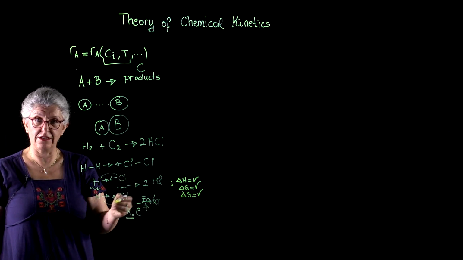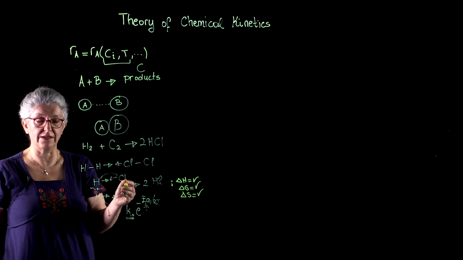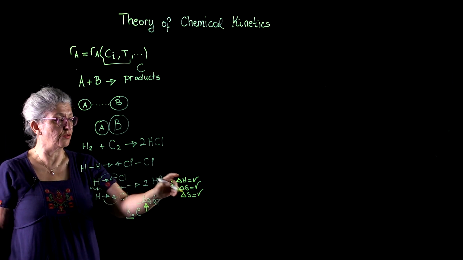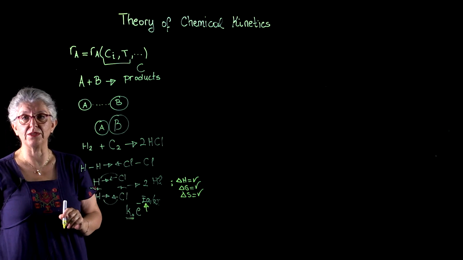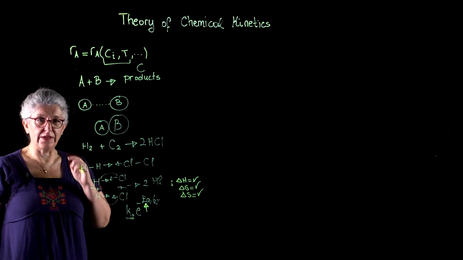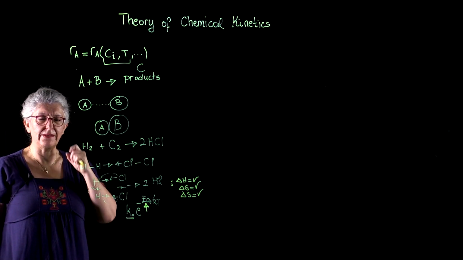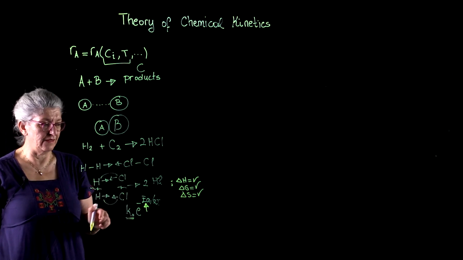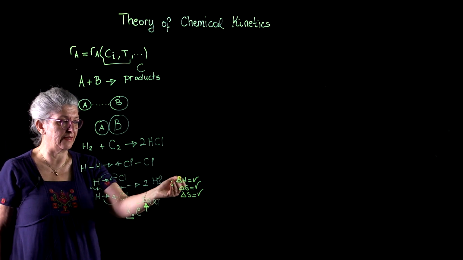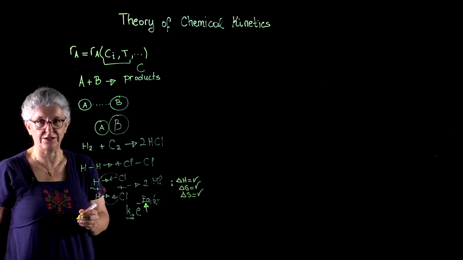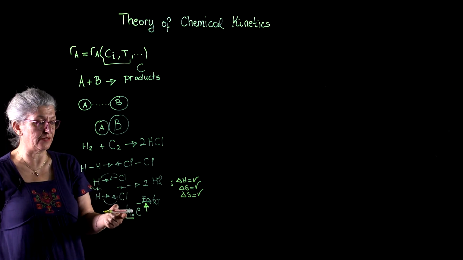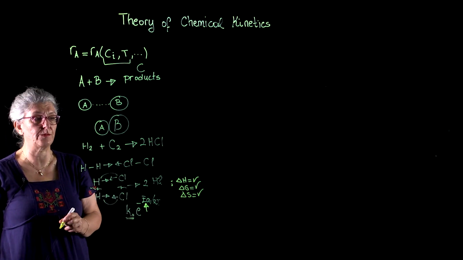So the energy of this reaction is related to the activation energy, enthalpy change, and free energy change, while the orientation of this collision is related to the pre-exponential factor.